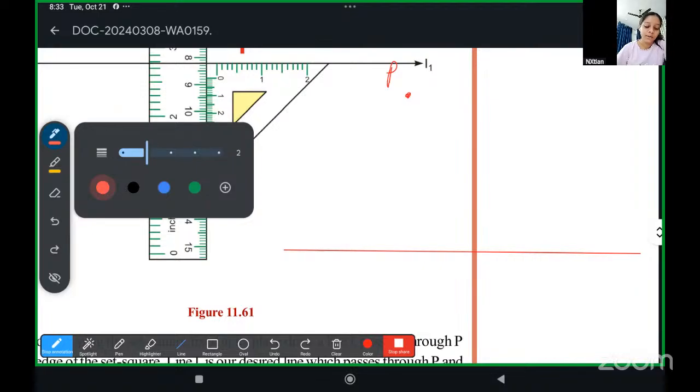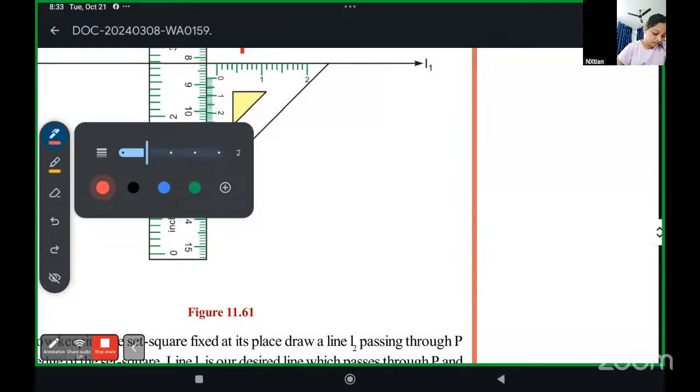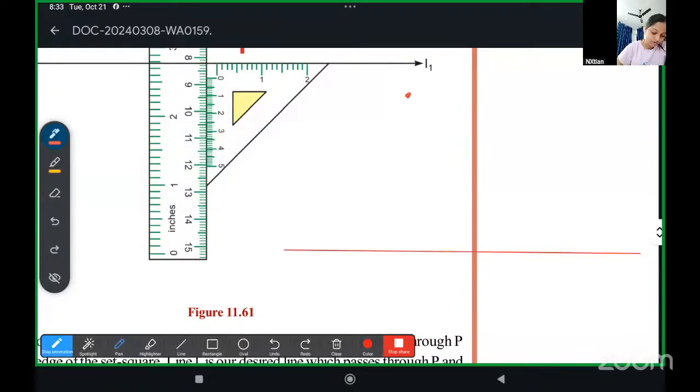Perfect. Now, I was saying, Abraham, that here in this point, you mark L1. This is your L1. And we place the set square here.